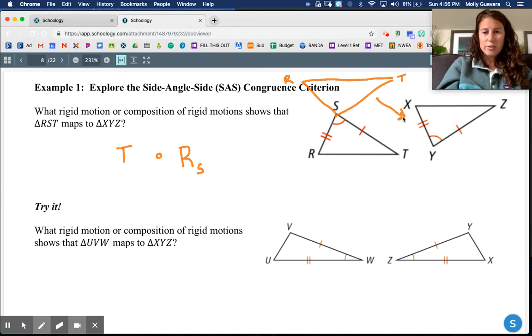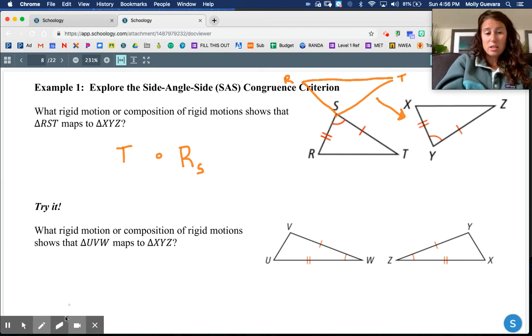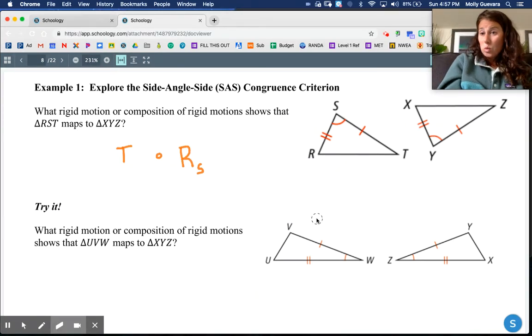I just know that I would translate it in this direction. So I'm not going to put the little triangle bracket things because I don't have units to describe the transformation, but I do know that I'm going to reflect over point S and I'm going to translate. Okay, is that the only way to do it? No, not at all. There's a lot of ways to do it, but that's just one of them.